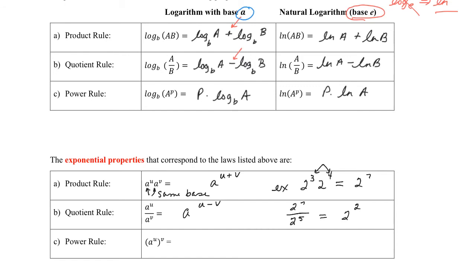And then the power rule is a to the u, raised to the v power. That becomes a raised to the u times v. So if you had something like 2 to the 3rd raised to the 4th power, that would be 2 to the 12th power. So you can see this helps us to simplify our exponentials.